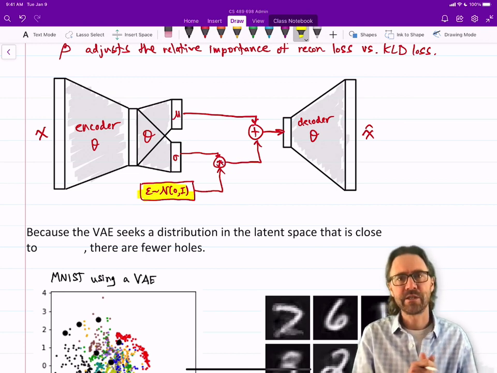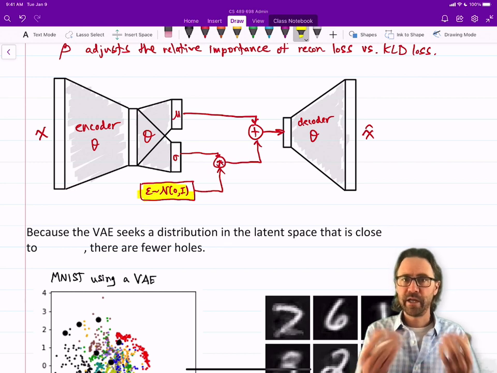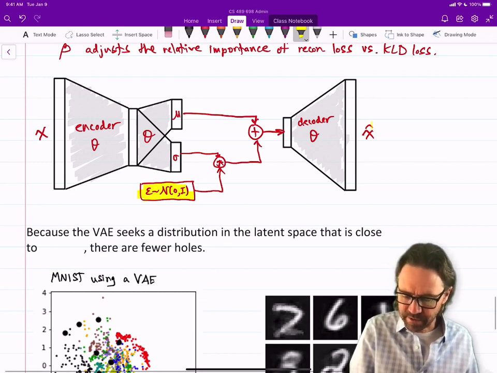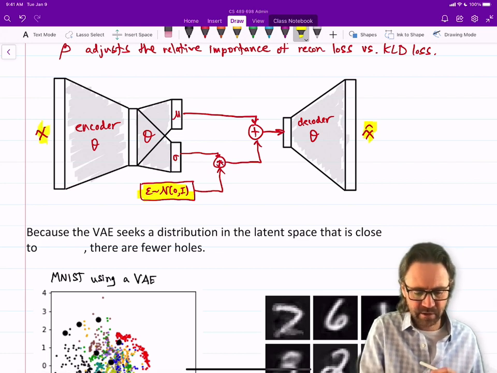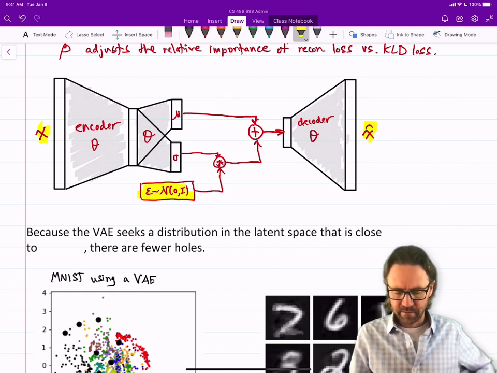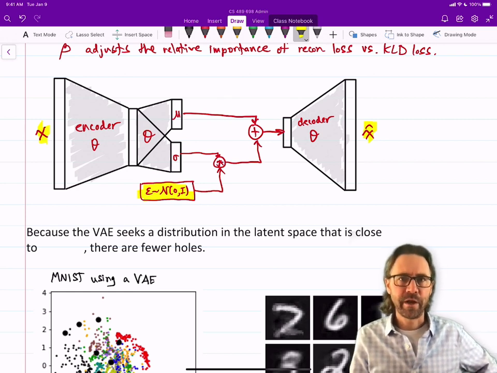In this context, this epsilon, standard normal epsilon, is an input to the network, but everything else going all the way from this x on the right to the x on the left here is a deterministic neural network. So therefore you can push the gradient all the way through it.